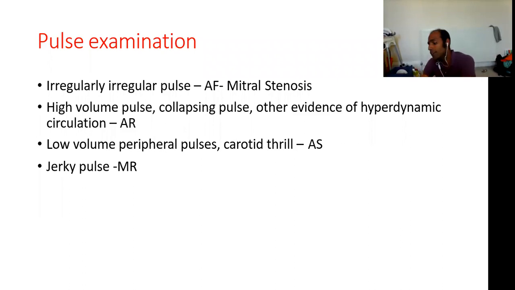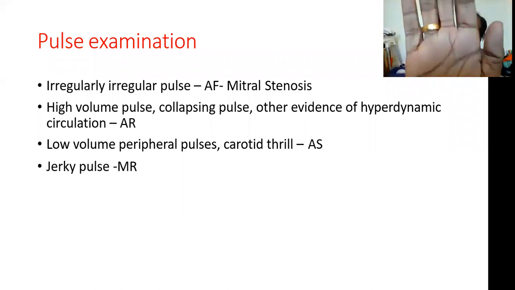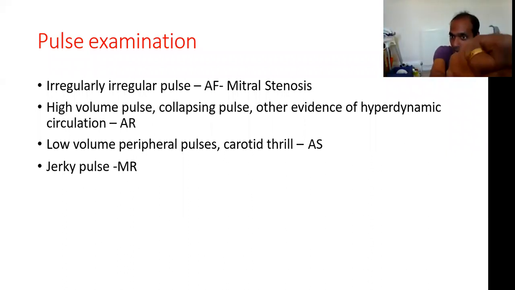So if you find a bounding, collapsing peripheral pulse in a very hyperdynamic circulation, the patient almost always has aortic regurgitation. And there is another way that you can actually assess this blood going into the aorta and coming back in. Why? Because it is also going to be reflected in the blood pressure of the patient. මතක නේද? What do you check? Blood gushing into the aorta is, what is that? It is the systolic blood pressure.